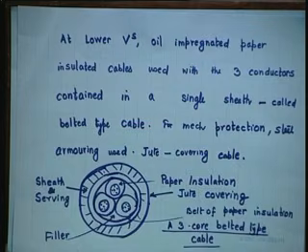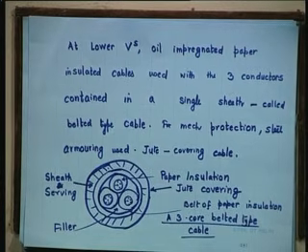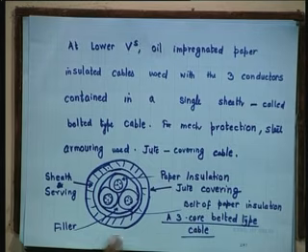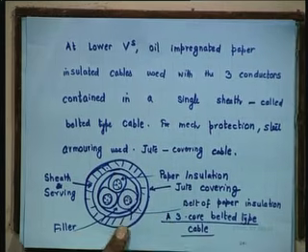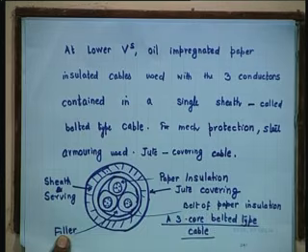At lower voltages, oil impregnated paper insulated cables are used, with the 3 conductors contained in a single sheath, called belted type cable. Here is a picture of a 3 core belted type cable. There is a paper insulation shown here, then a jute covering, this is a filler, this is the sheath and serving, this is a belt of paper insulation.